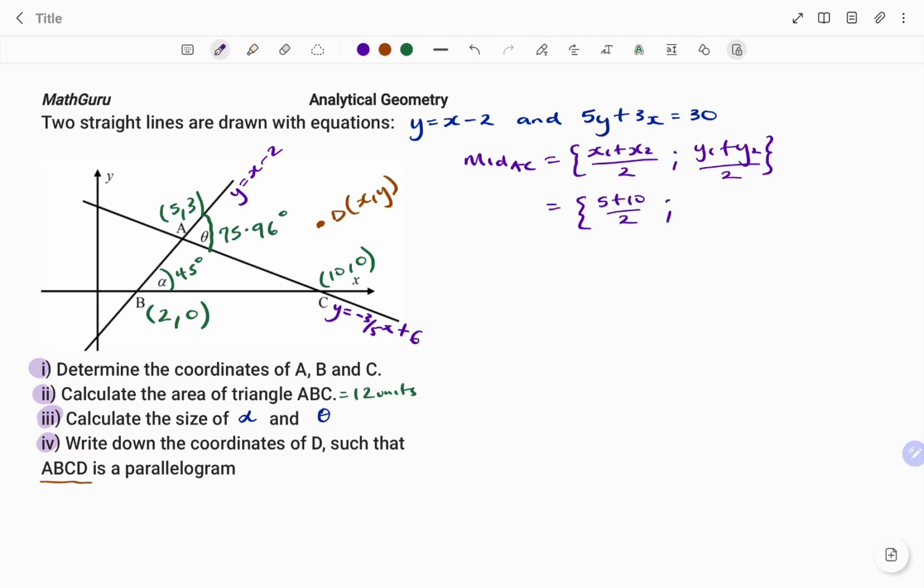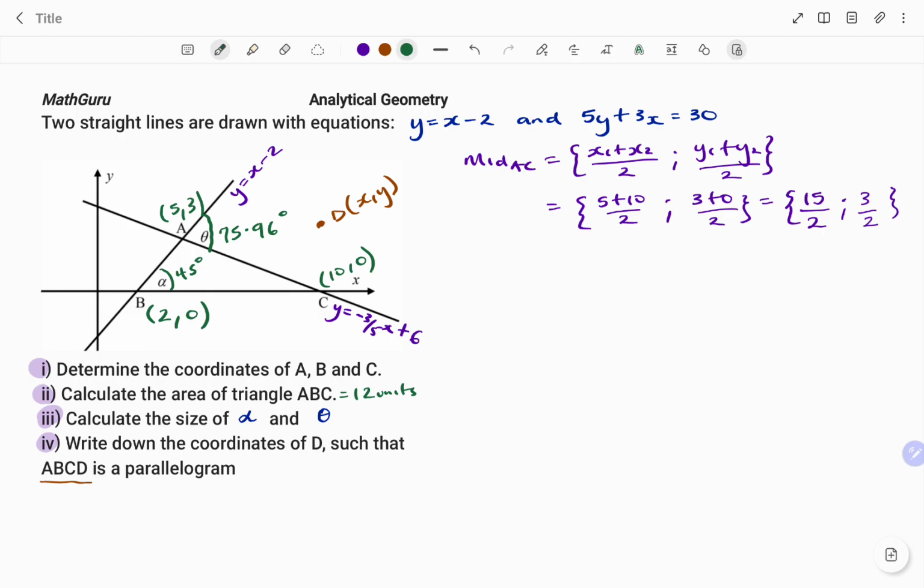Then for my y coordinate, 3 plus 0 divided by 2. And if I simplify, 5 plus 10, that's 15 divided by 2, that's 7.5. So I have 15 over 2, I'll leave it as a fraction. And then I have 3 over 2 for my y coordinate. So the midpoint of AC, which also serves as the midpoint of BD, will be 15 over 2 and 3 over 2, having that as its coordinates.